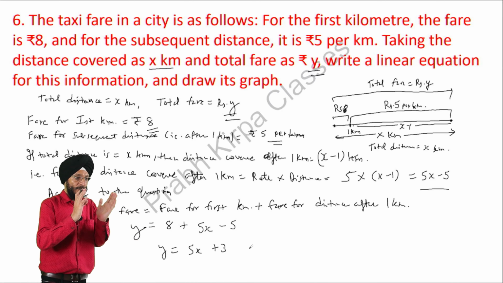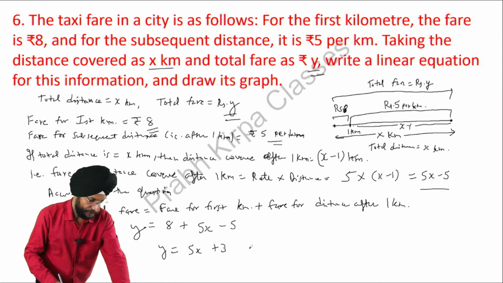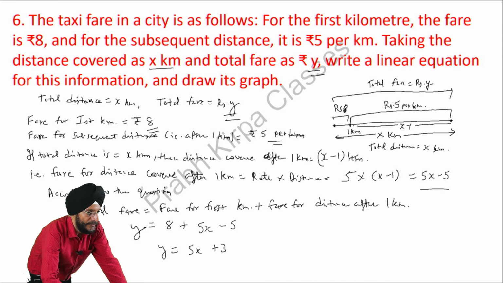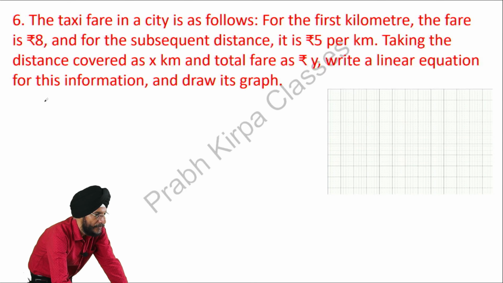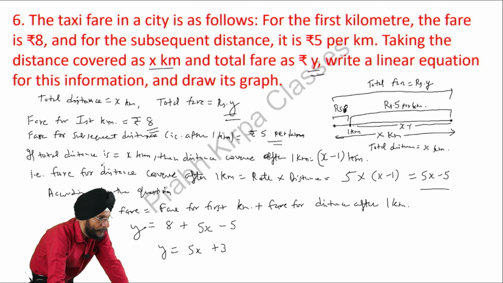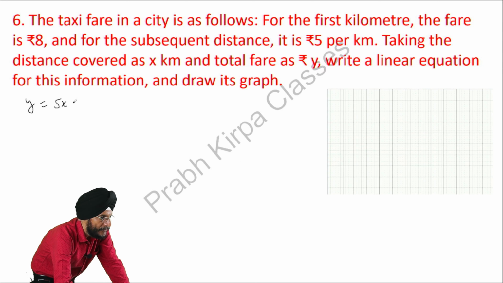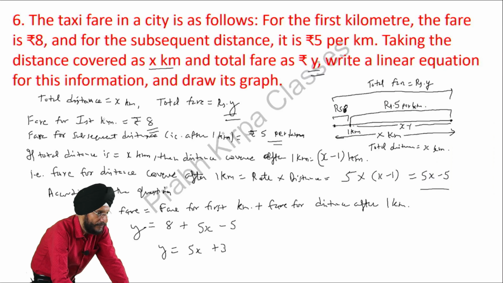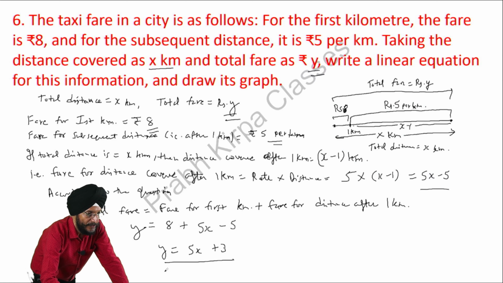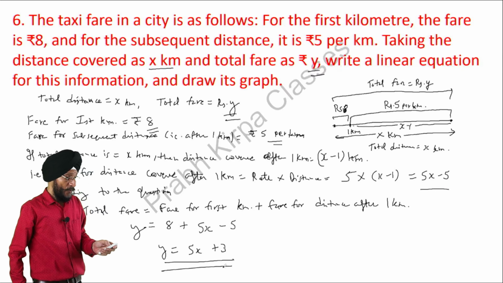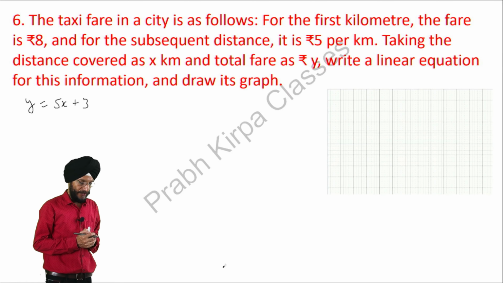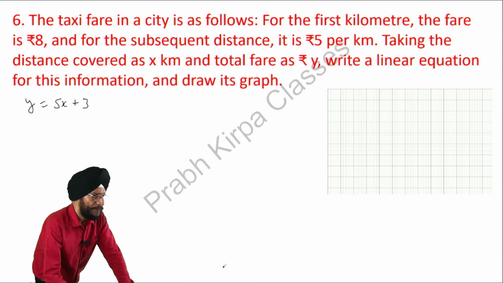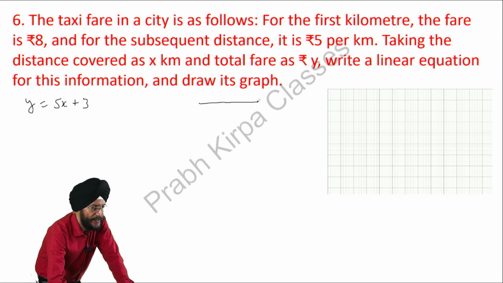Now we will solve this equation. We have arrived at y is equal to 5x plus 3. Now we will solve this equation. How? We will assume the values of x and y.